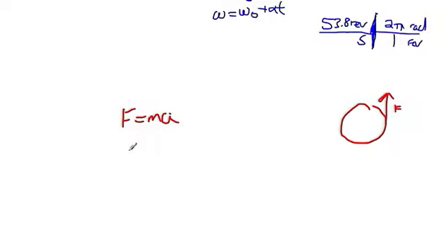So in that case, I think that the tangential acceleration is going to be that times the radius, okay? You can definitely look at how they added their tangential acceleration.